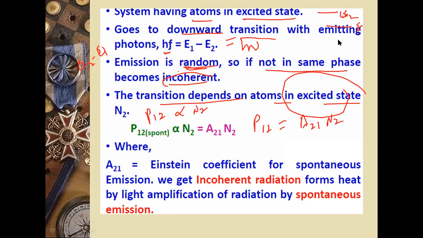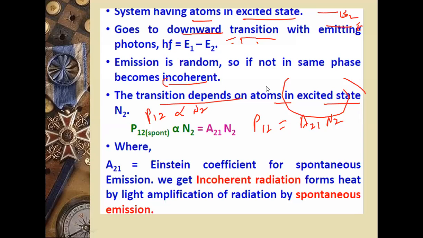So now you understand, we completed this. A21 is the Einstein coefficient for spontaneous emission. We get incoherent radiation from light amplification of radiation by spontaneous emission. So now we understand, absorption gave us one equation, and emission gave us another. From absorption, P12 is directly proportional to the number of atoms present in the ground state N1 and the density rho.